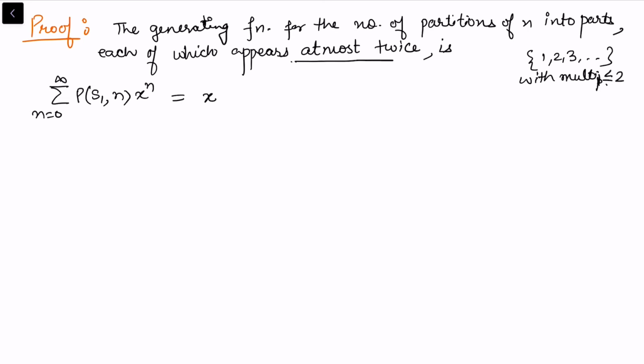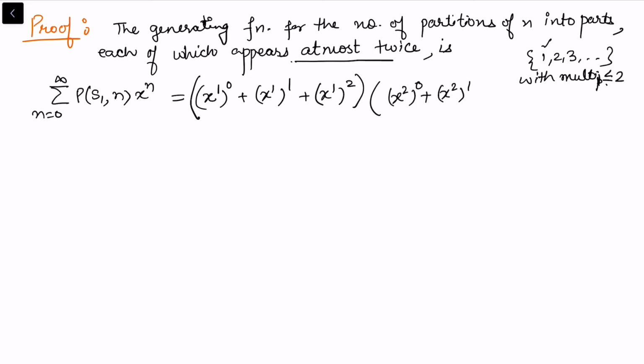So we start by considering part size 1: part 1 coming 0 times, 1 time, and 2 times. Similarly, part 2 can appear 0 times, 1 time, or at most 2 times, and we continue this process.